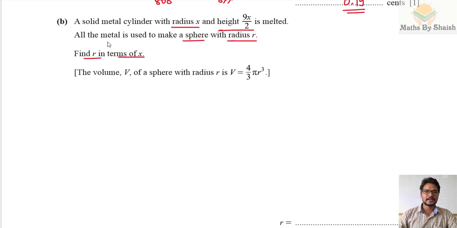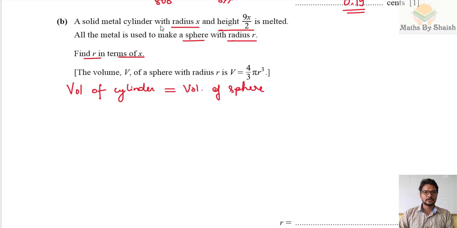So we know in this case, when we melt something and make another solid figure, the volume remains the same. So the volume of the cylinder is going to be the same as the volume of the sphere. The volume of the cylinder, we know, is πr²h, and here it means x squared times the height, which is given as 9x by 2.